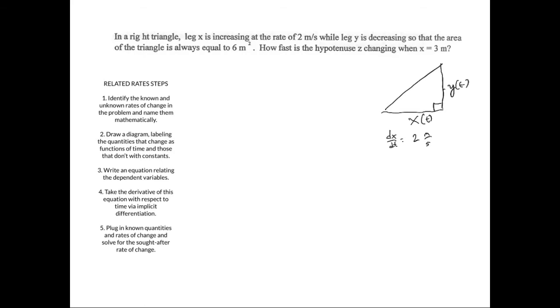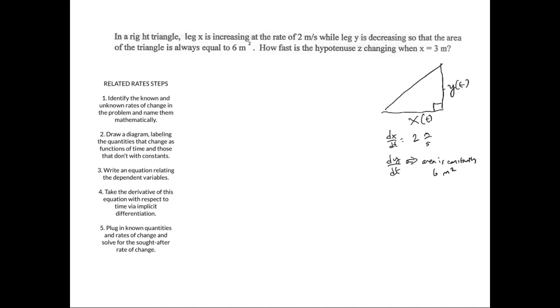Leg y is decreasing so that the area of the triangle is always equal to 6 square meters. So we know that this is decreasing in some way such that the area of the triangle is always equal to 6. Now, we can't write a direct statement for this, so I'm going to say such that area is constantly 6 square meters.